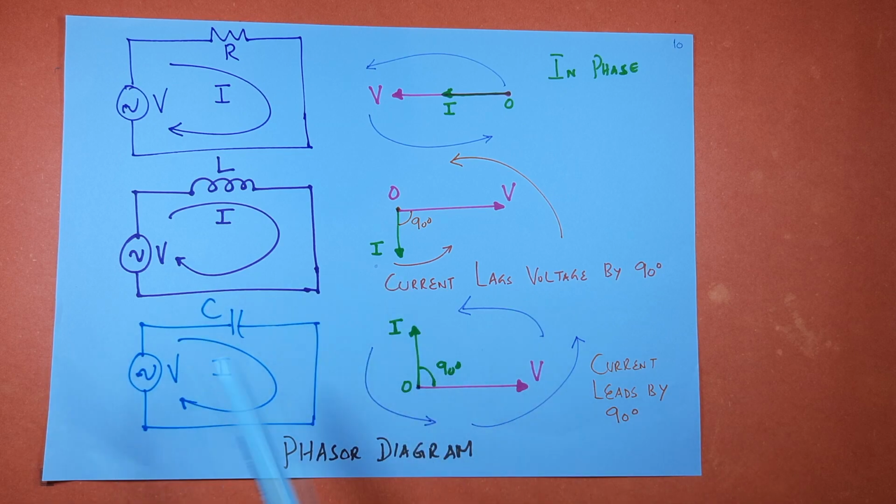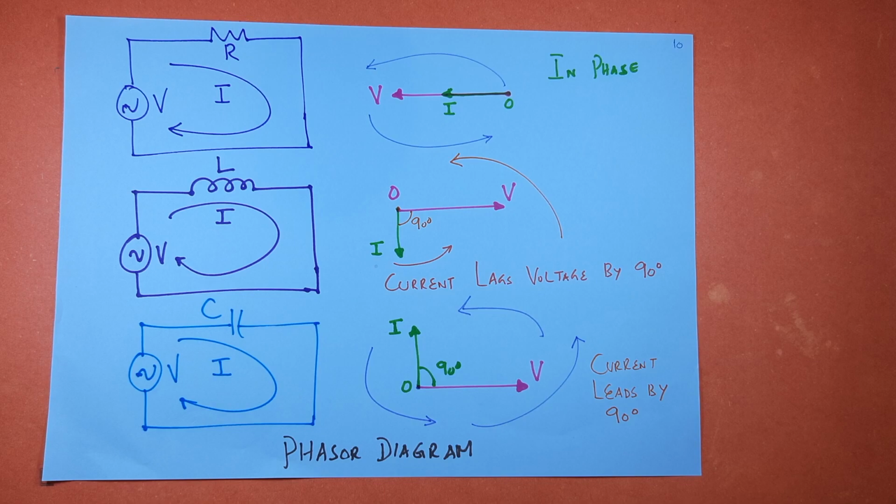Now consider a pure capacitor. We have a voltage source, capacitor C, and this is the current. Suppose this is your voltage phasor, rotating in the anti-clockwise direction. Now the current is ahead of this voltage phasor. How much ahead? 90 degrees or pi by 2 radians. So in the case of a pure capacitance, current leads by an angle of 90 degrees.